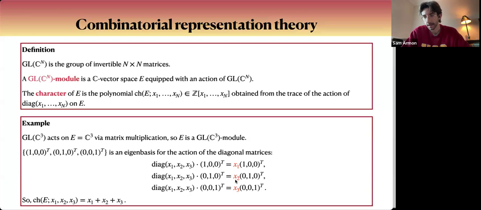That's also an eigenvector with eigenvalue x2. The third standard basis vector is an eigenvector with eigenvalue x3. So to get the character of this representation, or of this module, I just look at the trace of this action. I sum up all my eigenvalues, and that's this polynomial here. I just get x1 plus x2 plus x3.